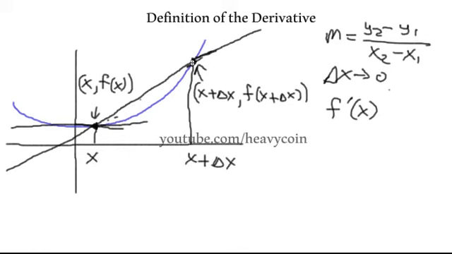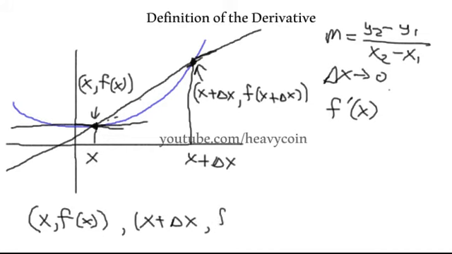Now we have 2 points with 2 defined coordinates. So I'll write those out again right down here. We have x, f of x, and we have x plus delta x, and f of x plus delta x.